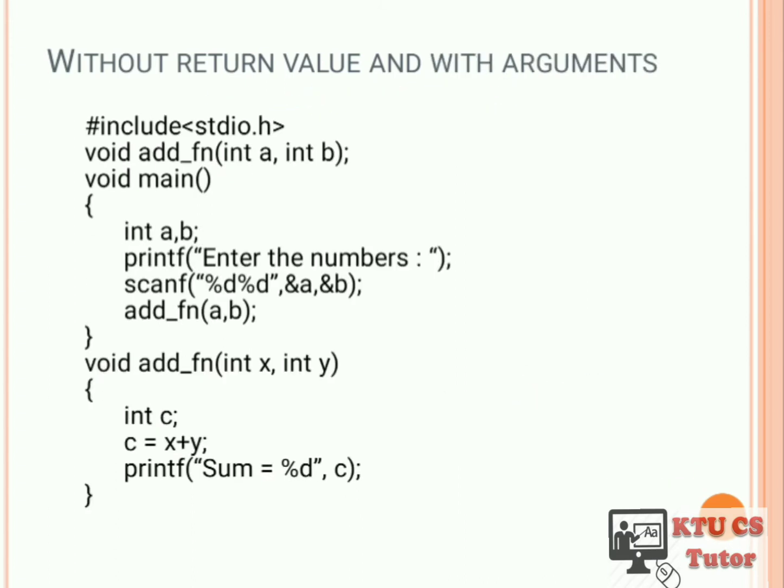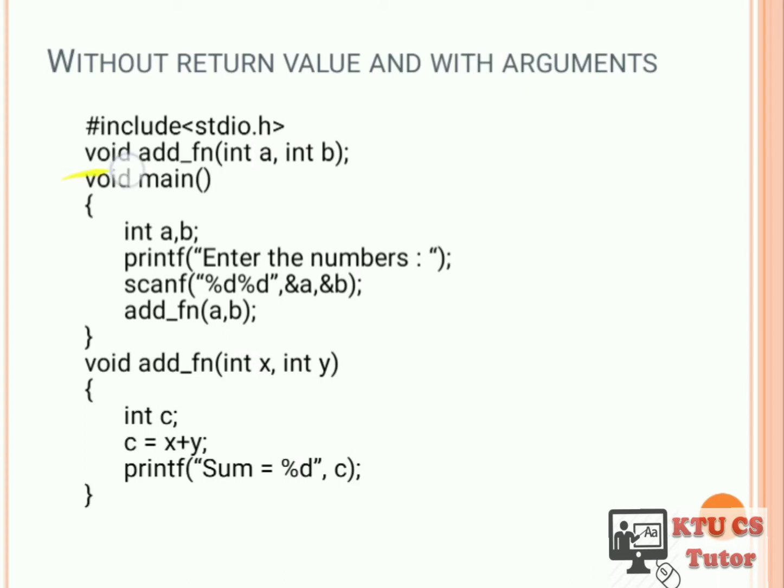And the second case is without return value and with arguments. Here it is with arguments. With arguments means we are passing some values from the main program to the called function. Clear?